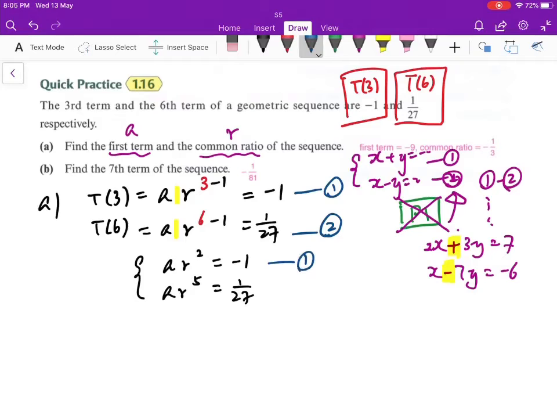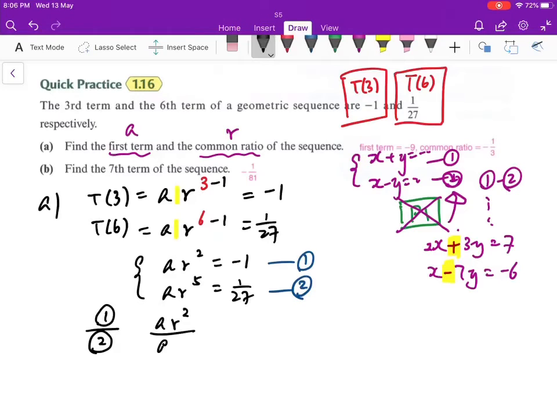So what can we do is, do remember, elimination and substitution, the main target is to eliminate one of the unknowns. So how can we do it? Why not do the division? Okay, so we can do 1 divided by 2. Okay, so ar to the power 2 over ar to the power 5 equal to -1 divided by 1/27. Using the calculator, you will get -27 on the right hand side.